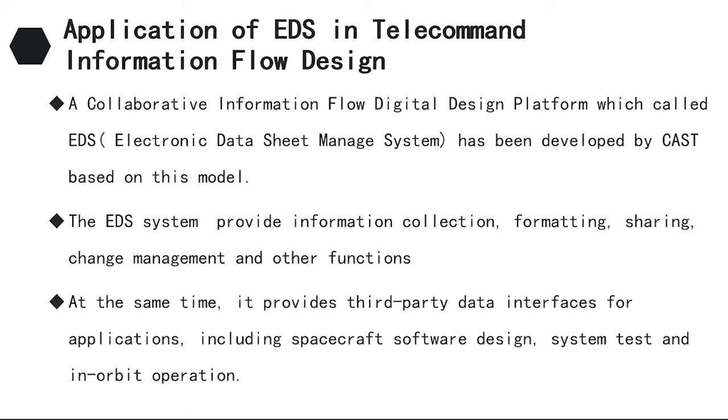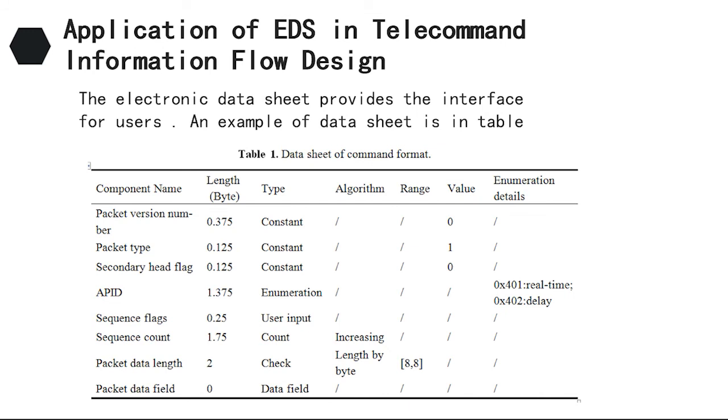At the same time, it provides third-party data interfaces for applications, including spacecraft software design, system test, and in-orbit operation. The electronic datasheet provides the interface for users. An example of datasheets is in this table.